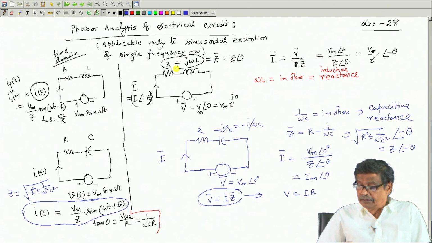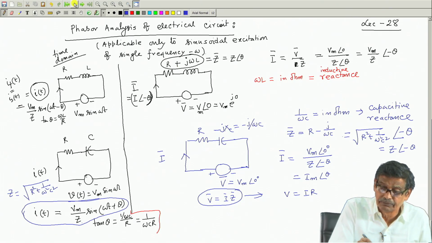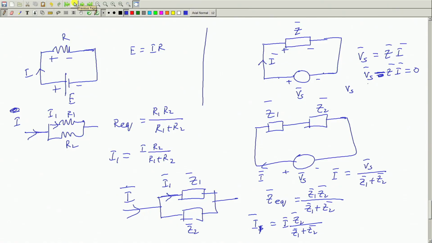Got the point. So, as I showed you last time, which I am not doing now, for example, two impedances connected in series, just add them, get the total impedance, supply voltage divided by the total impedance will give you the current. Similarly, if two impedances are connected in parallel, current in one branch I 1 will be total current into Z 2 divided by Z 1 plus Z 2, and so on.